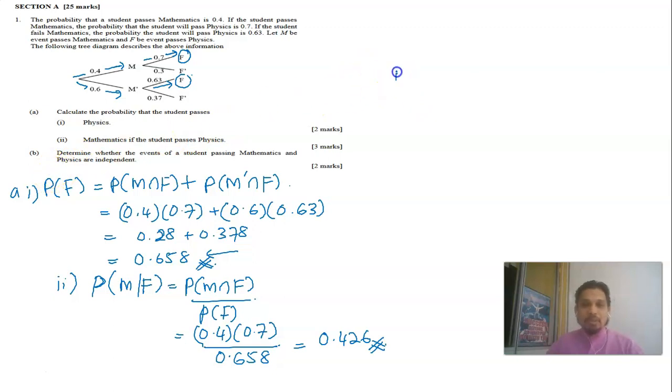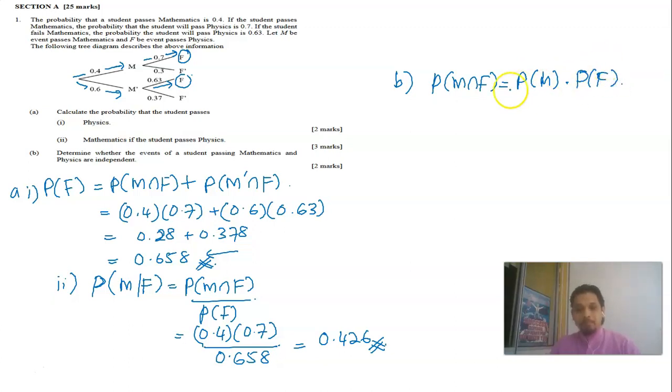And question B, determine whether the events of a student passing maths and physics are independent. In this case, we can use the probability of M intersect F and see whether it is equal to the probability of M multiplied with the probability of the student passing physics. M intersect F is 0.4 times 0.7.